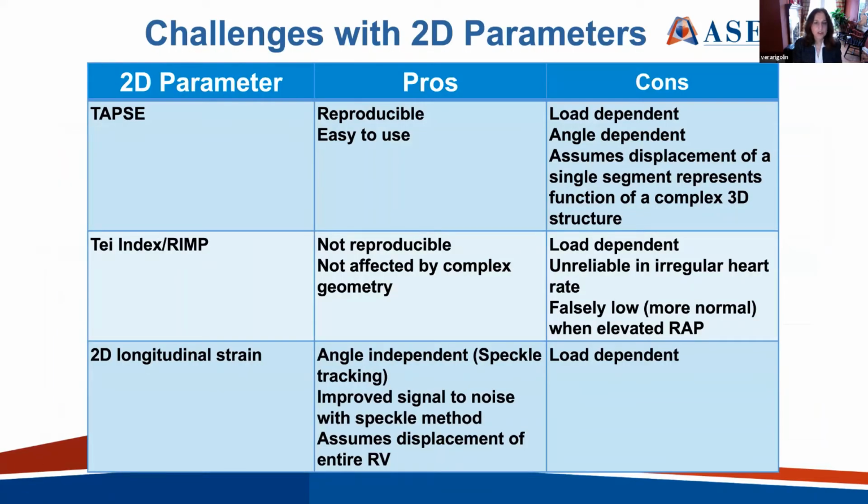So this table outlines the challenges with some of the 2D parameters that we've talked about. In terms of TAPSE, the pros for this technique are that it's easy to do and easy to reproduce. On the flip side, it's load dependent and angle dependent.